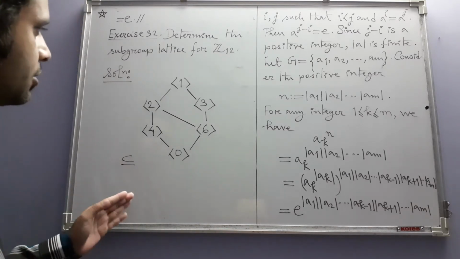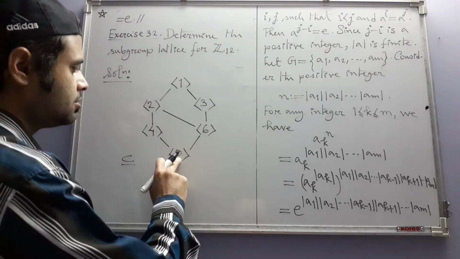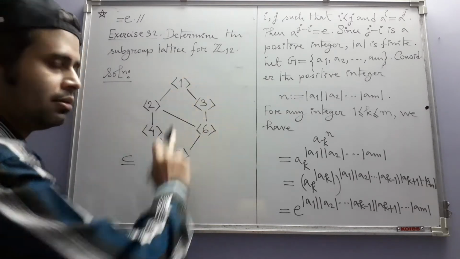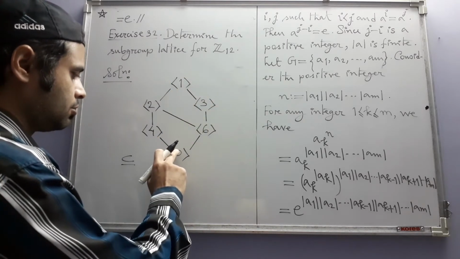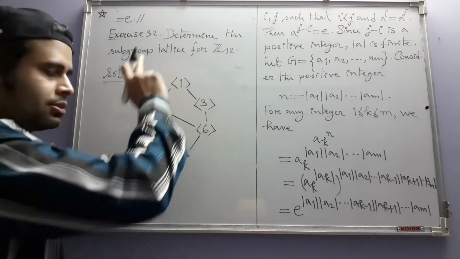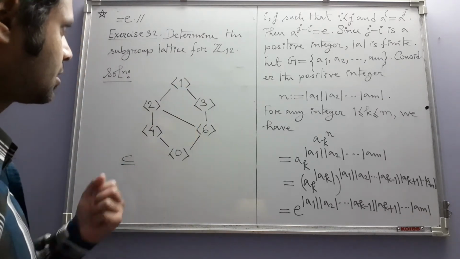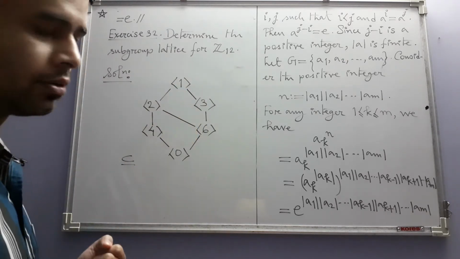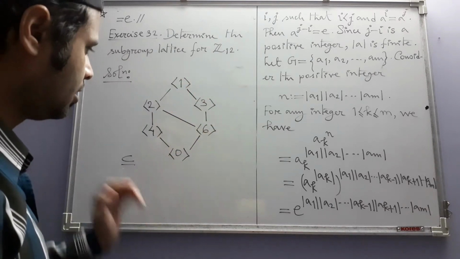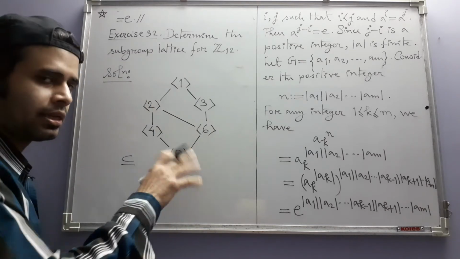Of course, the trivial subgroup is a subgroup of every group, so we should have drawn these three edges also, but that's not how the subgroup lattice is drawn. It shows all the relations, but not by joining all the edges that can be joined.